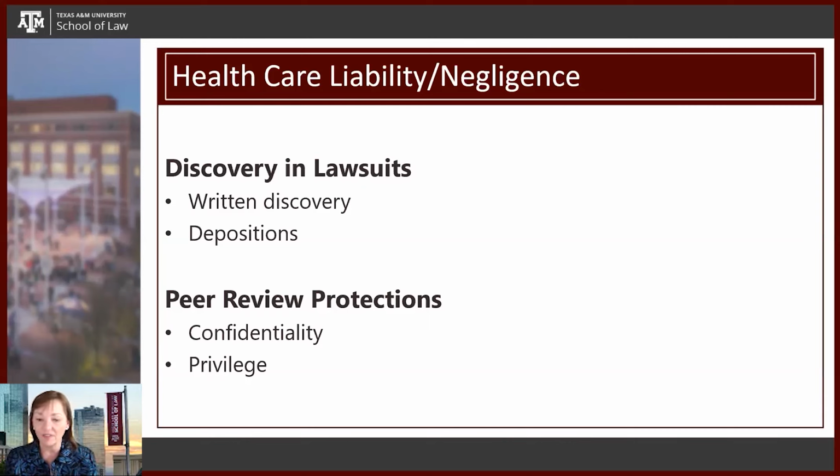And that even if care was reviewed, there might be this sort of protection of silence, and wanting to improve healthcare. And we're going to talk about that when we get to our quality sections.